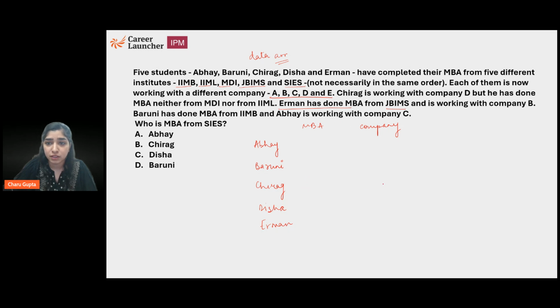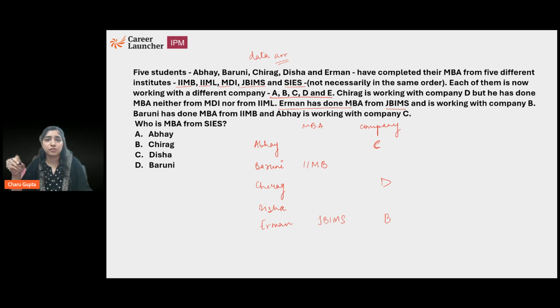Chirag works in company D. Next direct information is that Arman has done MBA from JBIMS and is working with company B now. Baruni has done MBA from IIMB and Abhay is working with company C. Okay, so this is the entire direct information given to us.